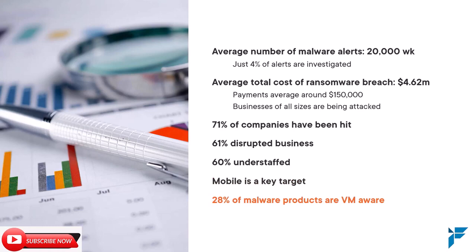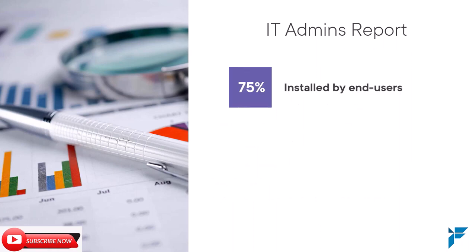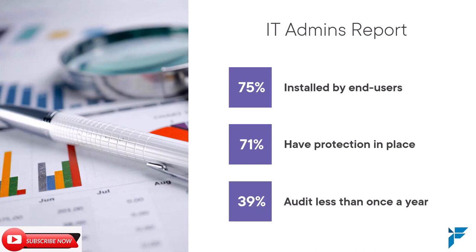Now, the numbers keep getting worse, at least in my book. As far as the study is concerned, it shows that administrators that they interview report that 75% of malware gets installed by end users. 71% have protection in place, but only 39% actually audit those protection devices and software programs each year.